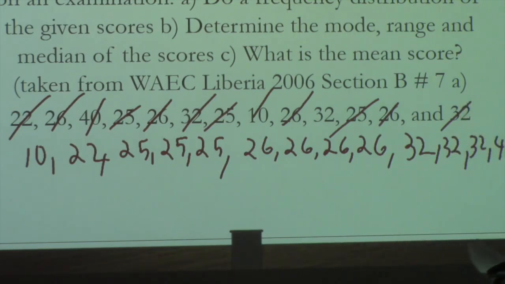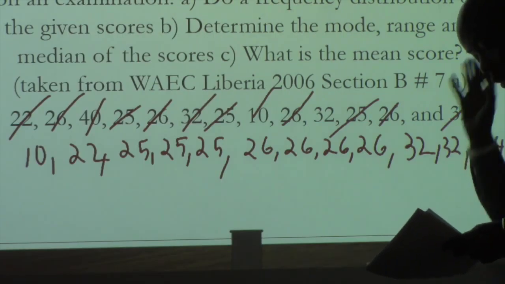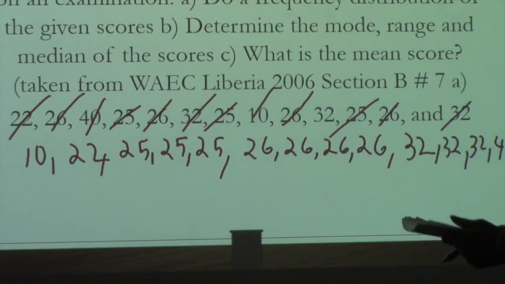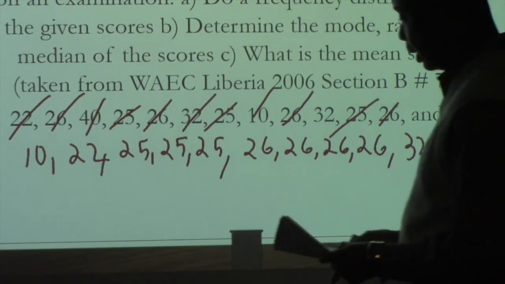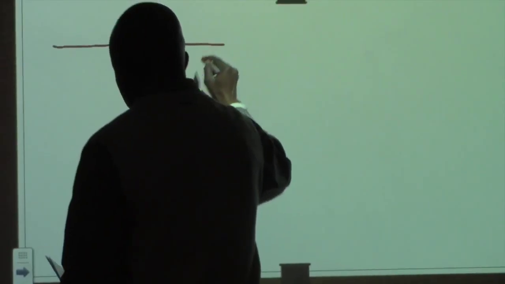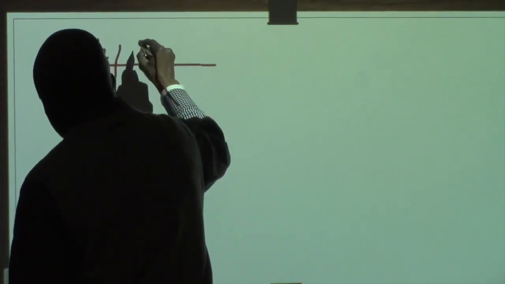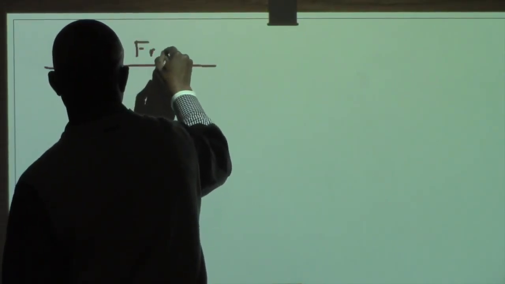Good. So now that we have this, we can do several things. We can go ahead and make our frequency distribution, which we're going to do on the next page. We can find our mode and everything that we need to do. Let's go to the next slide. For our frequency distribution here, we're going to put the grade, the mark, and then the frequency.